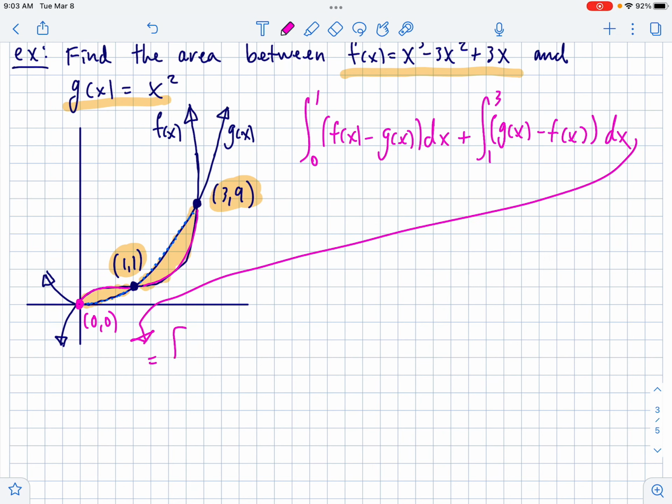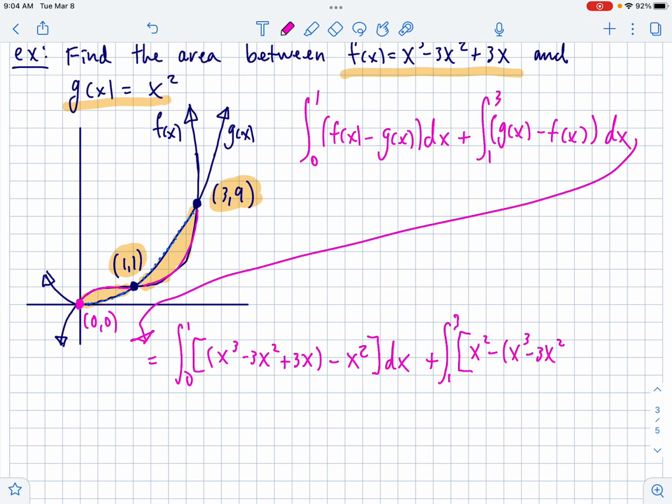So this whole thing is going to be the integral from 0 to 1 of x cubed minus 3x squared plus 3x, and then take away x squared dx, and then we're going to have to add 1 to 3, where it's the opposite, that they switch places. X squared minus x cubed minus 3x squared plus 3x dx.